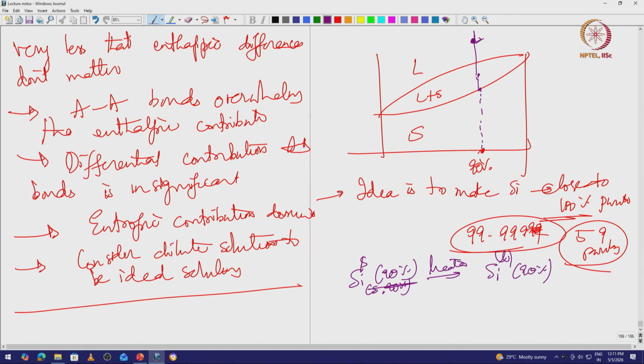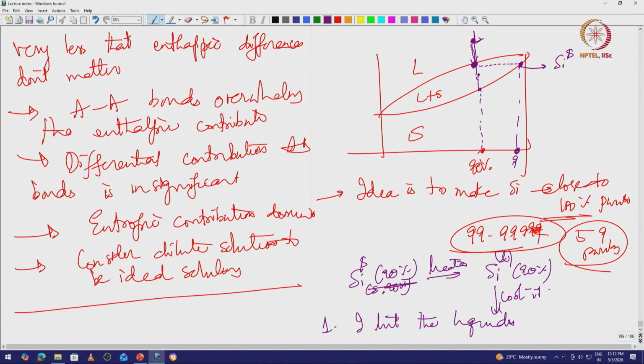Now I am going to cool it. First I hit the liquidus. When I hit the liquidus, what precipitates out is silicon solid, which is much purer.